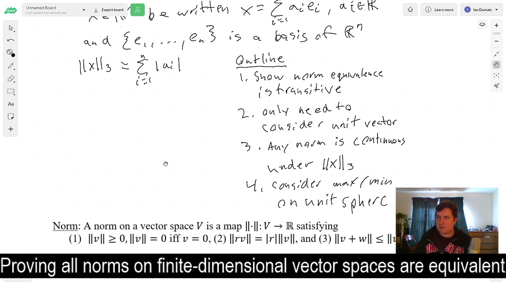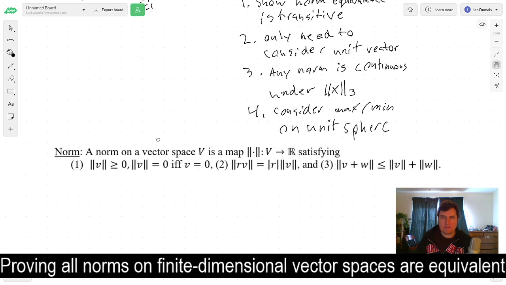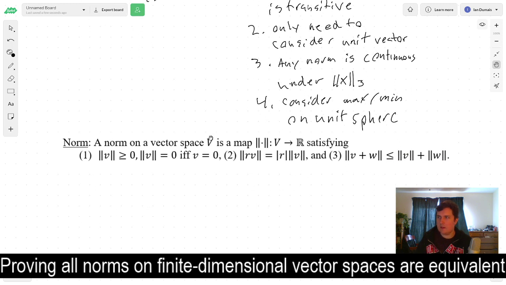So let's look at this definition. A norm on a vector space V is a map, and you can see the symbol there, from the vector space to the real numbers, satisfying 3 conditions. The norm of a vector has got to be a non-negative number.